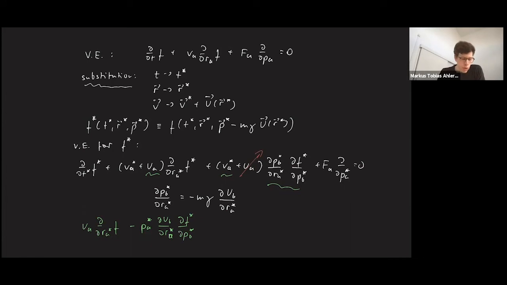So this term is also known as the convection term. These are the two new terms that we find after this substitution of variables in our Vlasov equation.